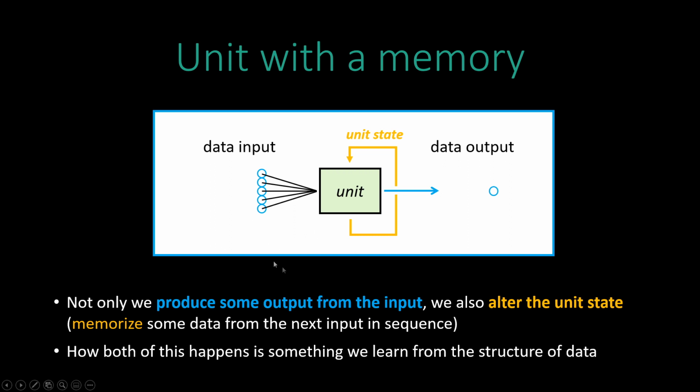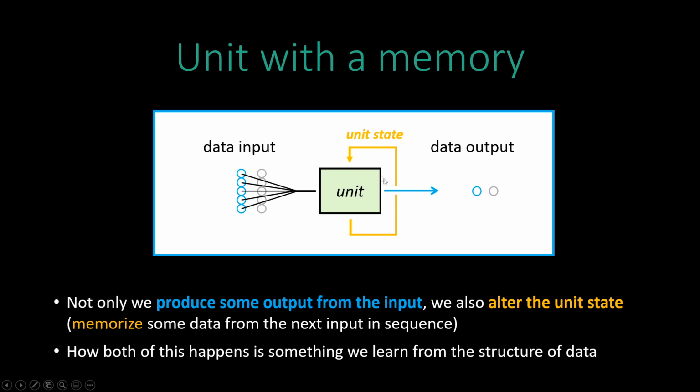And so if we see this sort of input, we want the model to analyze it, give us some output, but also change the state in a way to remember what is important from this one frame of data, so that in the next frame it will be able to use that information from the previous state.